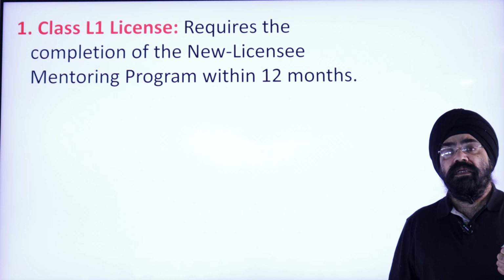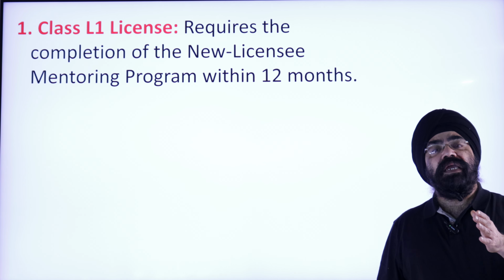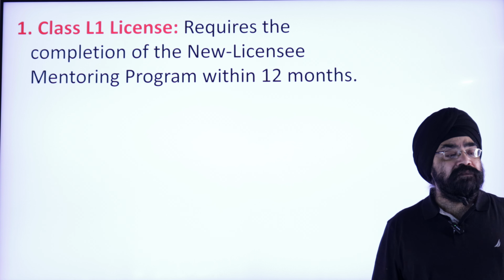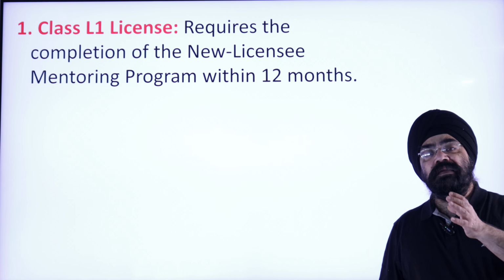So the class 1, L1 license, is for a person who has recently completed his RCIC degree and got the RCIC certification, and he still has to follow 12 months of the new licensee mentoring program.